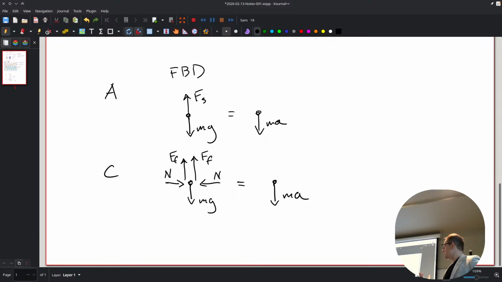Because N had to equal mg, and we're assuming it's not changing, we're not increasing the force, then the force of friction is constant, mg is constant, so a is some constant value.